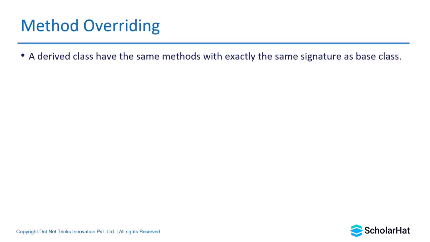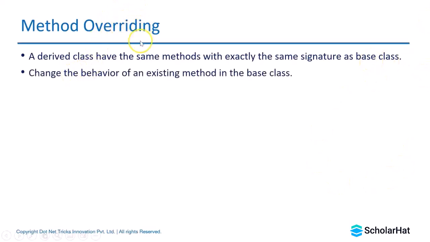A derived class, child class, or subclass has methods with exactly the same signature as the base class or parent class. So overriding itself means rewriting the behavior: changing the behavior of an existing method in the base class, we override it in the child class.